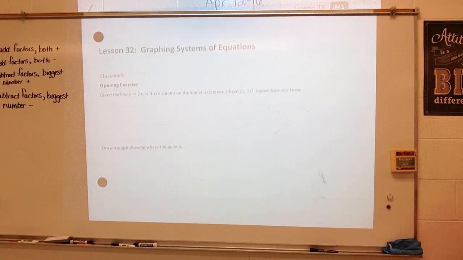Once again, we are given a line, y is equal to 2x, and it wants to know, is there a point on that line at a distance of 3 from the point (1, 3). So here's what I can do. I'm going to go ahead and graph that line.